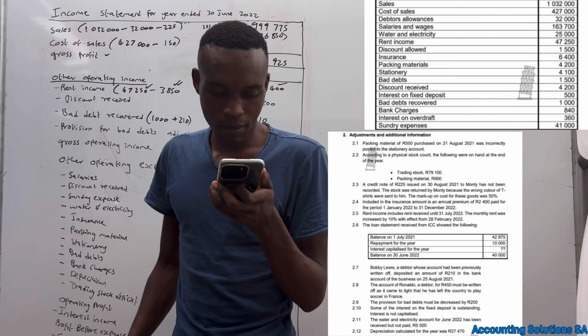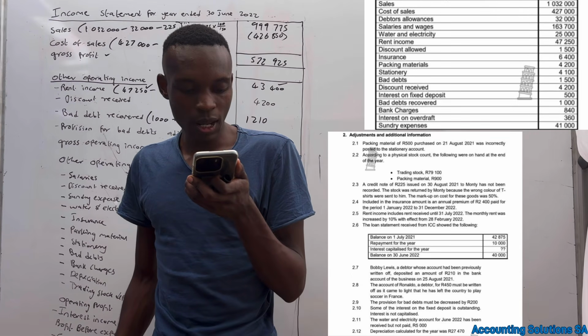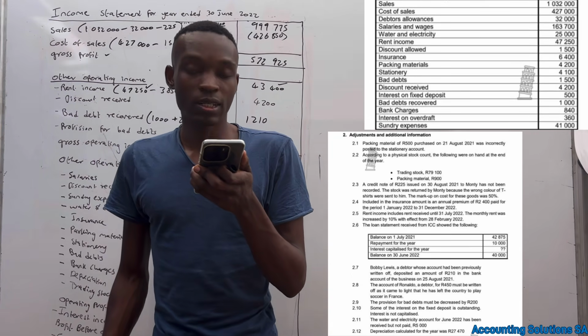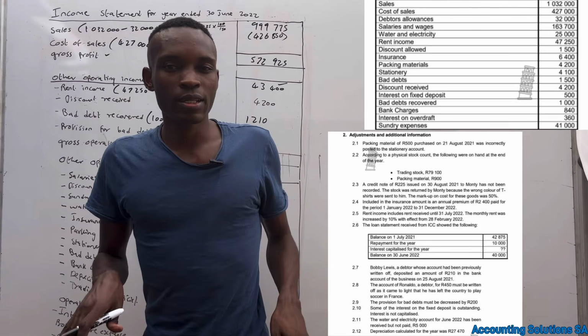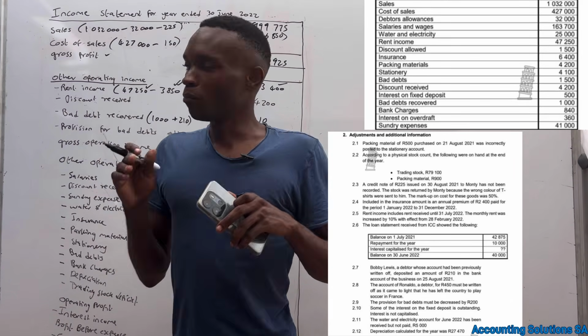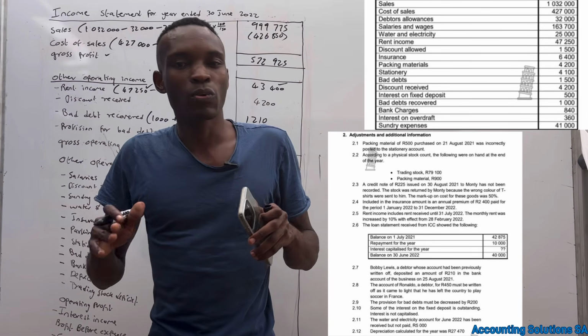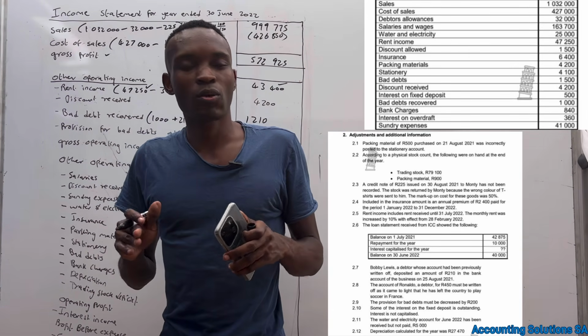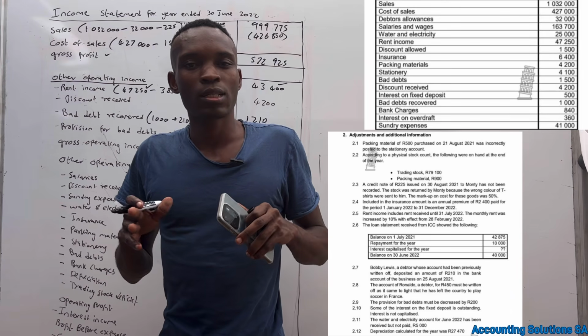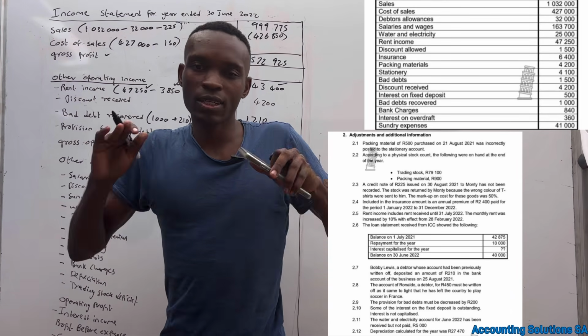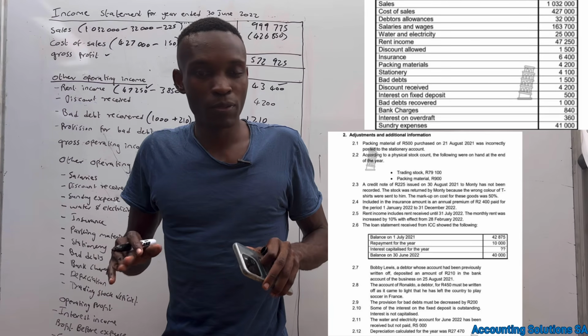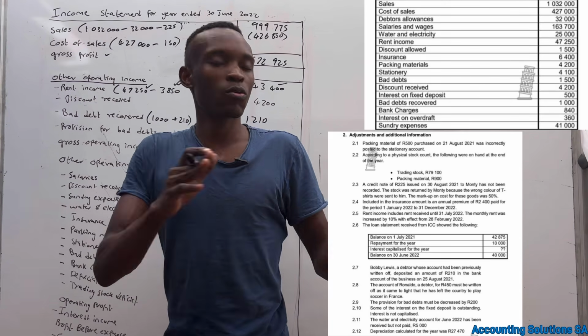It was transaction number 2.9. The provision for bad debts must be decreased. If it decreased, it simply means that when we said provision for bad debts, there are those that we are doubting, that they are going to pay us. So in other words, if they decrease, those people that we are doubting, it means that more people are going to pay.